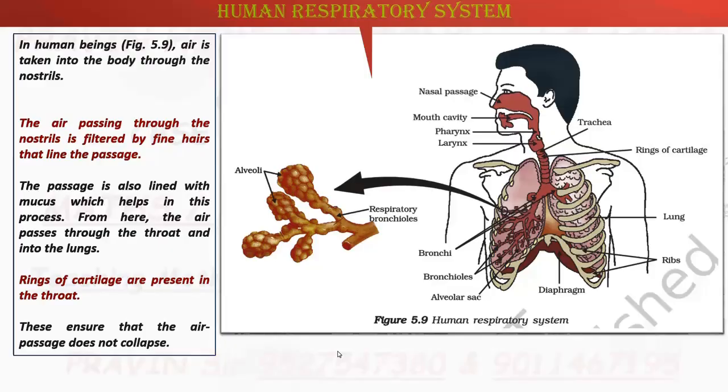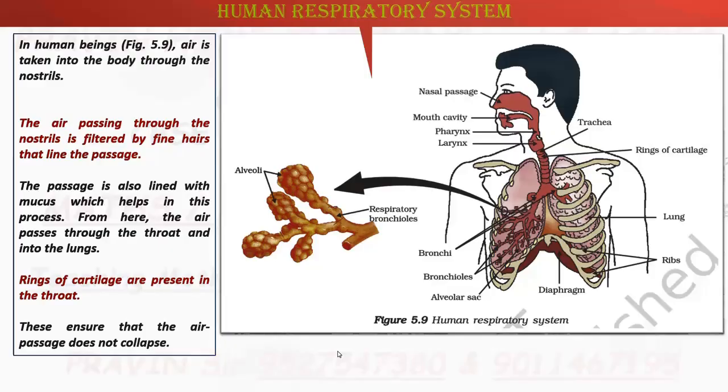Next part is the larynx. The larynx is known as the sound box as it has vocal cords. Vocal cords are paramount in the generation of sound. Trachea. It is a long tube passing through the mid-thoracic cavity. It maintains the flow of air.